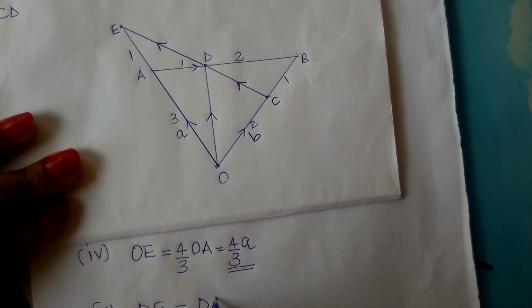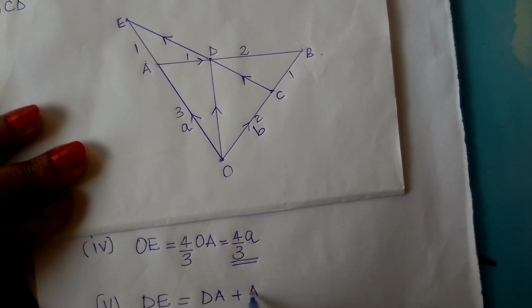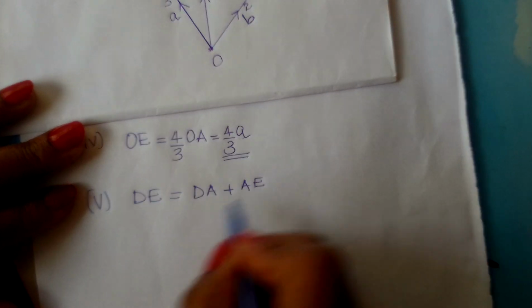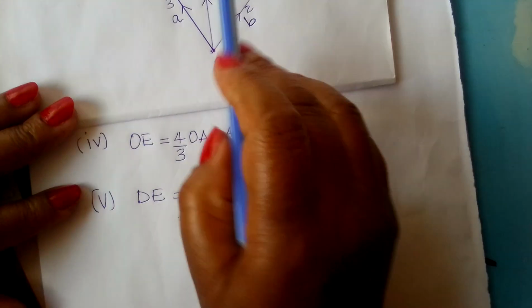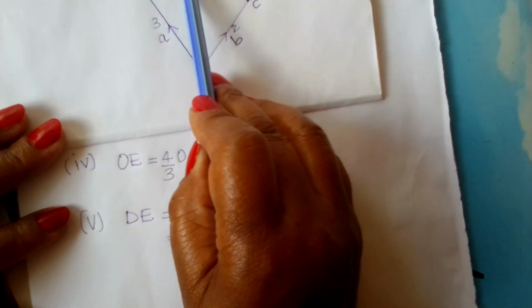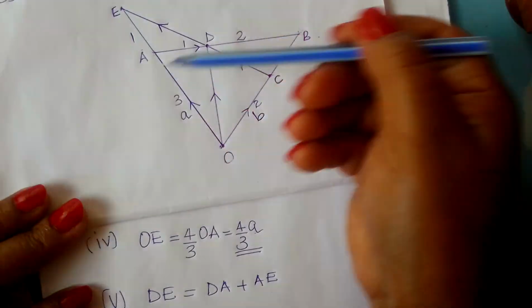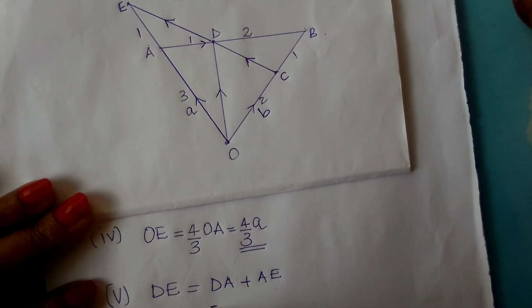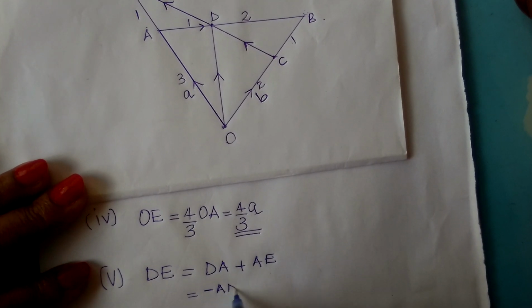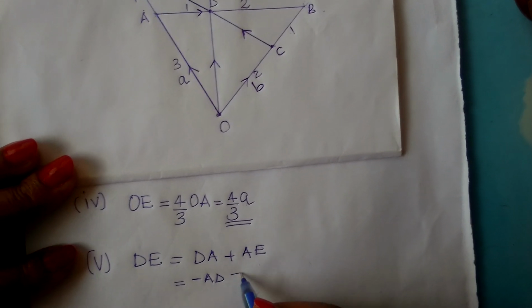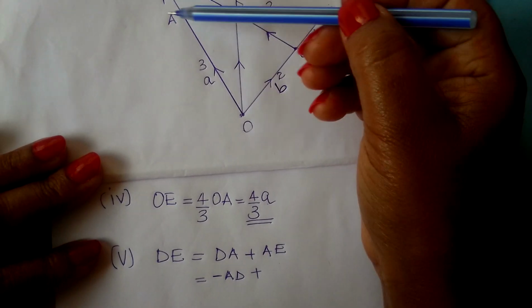So DA plus AE. Look at DA, learner. You are going against the arrow of AD. So this is the same as minus AD. So you put a minus AD plus AE.